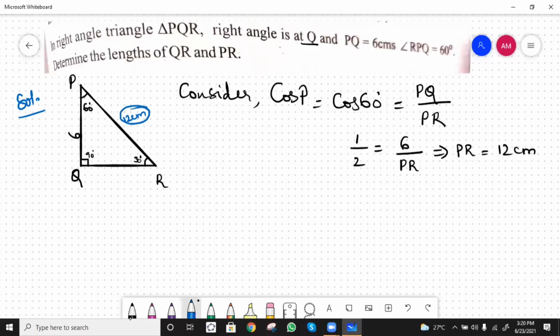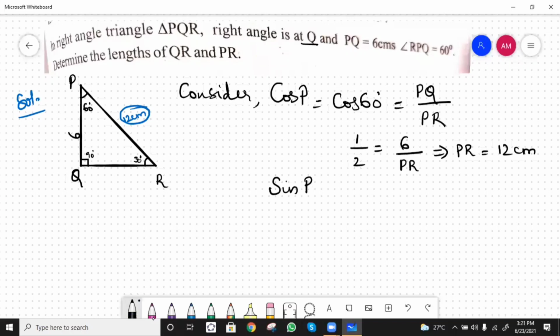Next, what we have to find? QR. How do we find QR? This is the opposite side. By Pythagoras theorem we can find, by tan we can find, by sine also. So let us find with sine.